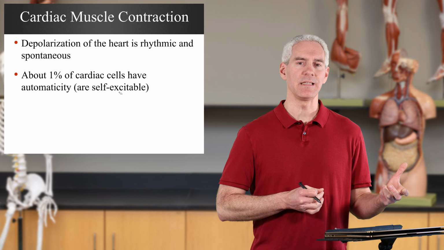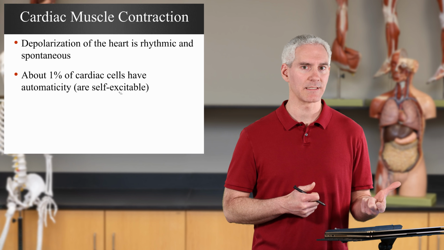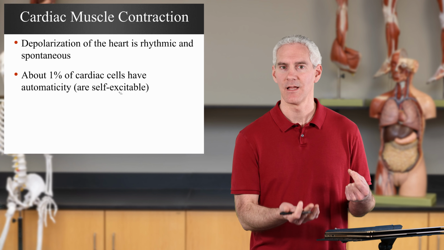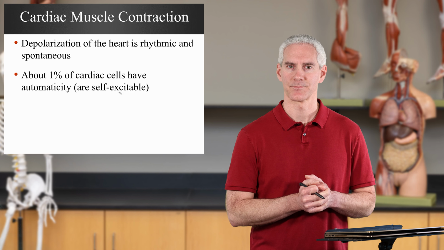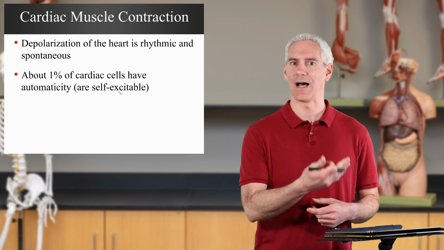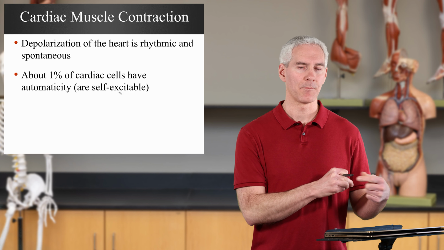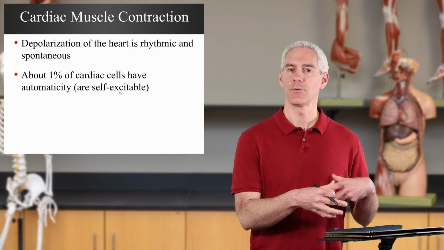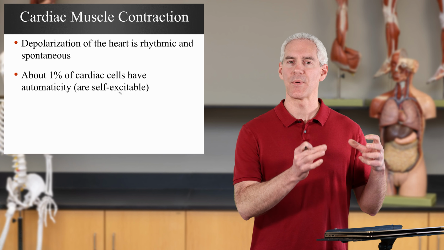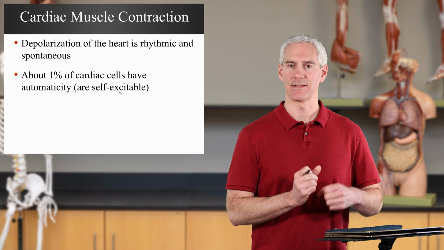So therefore, these cells, the ones that are self-excitable, can depolarize on their own, telling the cells around them, which are contractile, hey, it's time to contract. Now, yes, they can be influenced by your nervous system, influenced by hormones, influenced by many different factors, but they can function on their own without anything else being necessary.